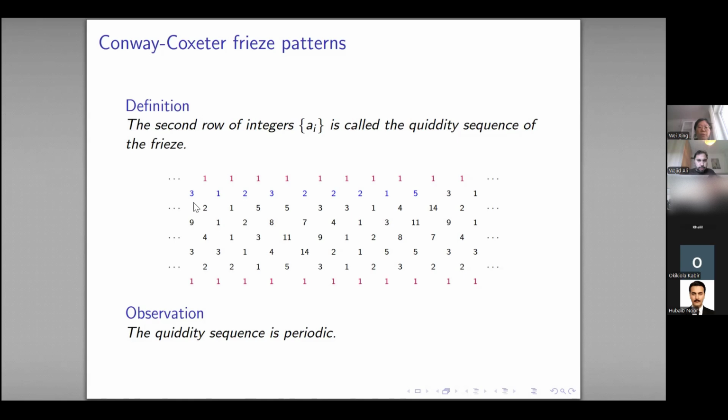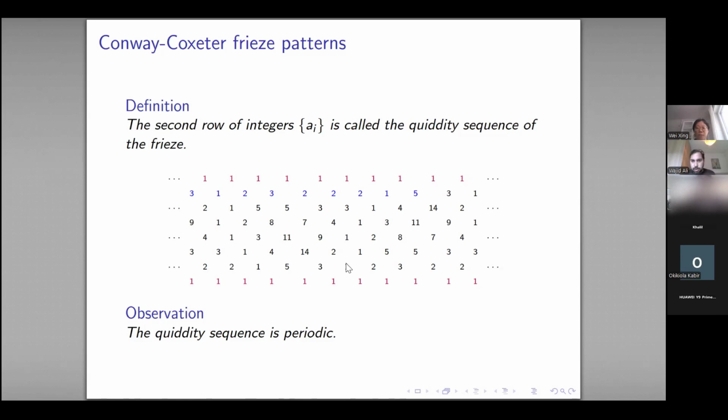The simple observation from this example is that we can see some periodicity of this sequence: 3, 1, 2, 3, 2, 2, 2, 1, 5, and then we come back to 3, 1 again. This holds true for Frieze patterns in general.